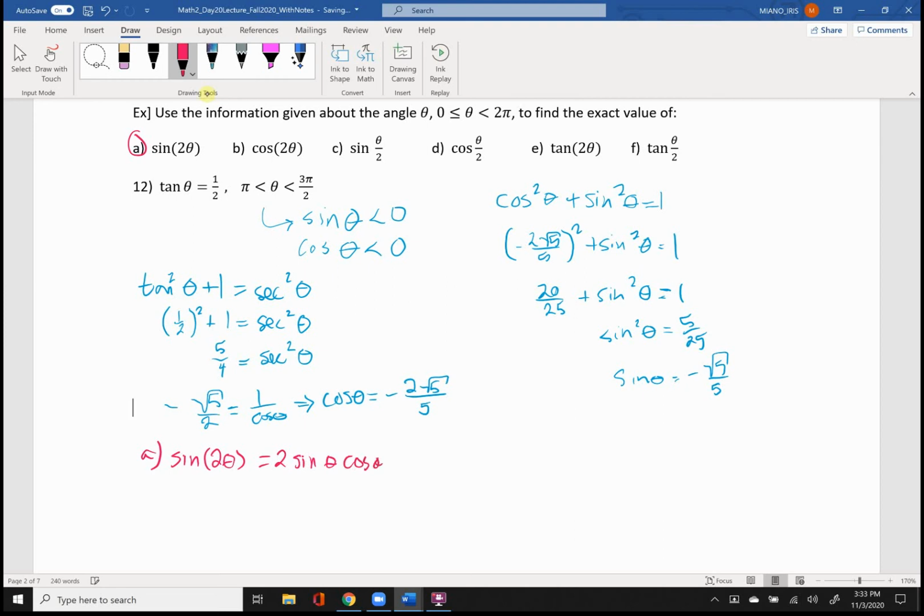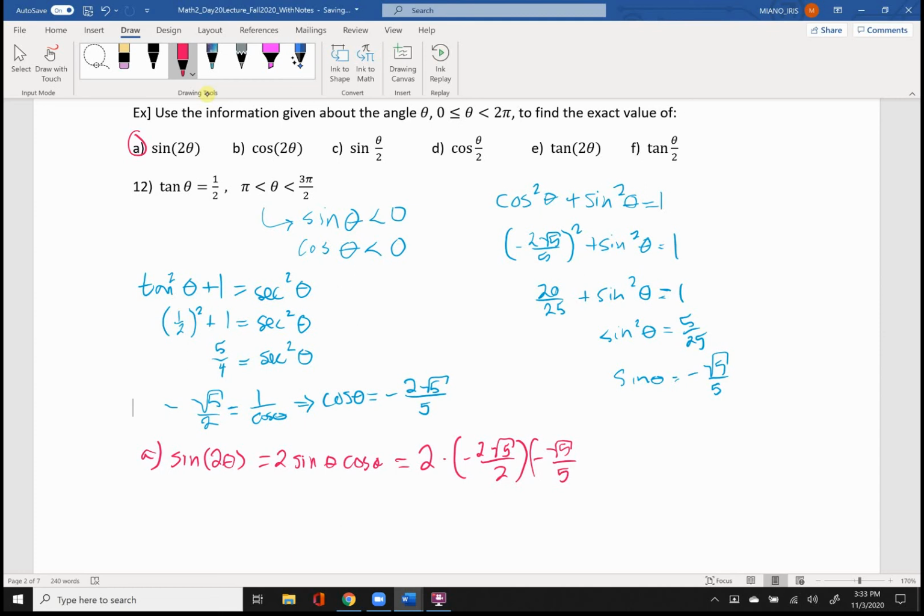Now I have the values of sine theta and cosine theta, so that'll be 2 times negative 2 root 5 over 5. That's cosine theta. And then sine theta, oh, so I'm doing this a little bit out of order, but luckily multiplication is commutative, so it's okay. Sorry if that's causing some confusion here.